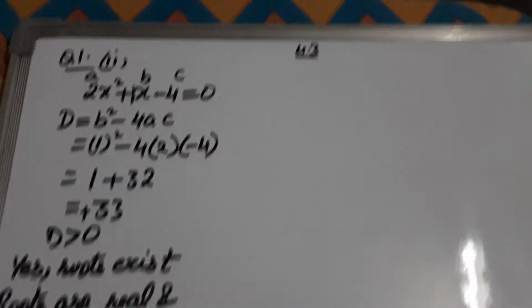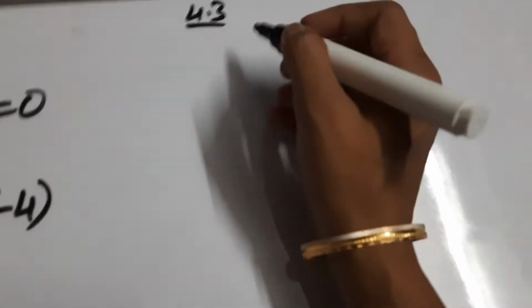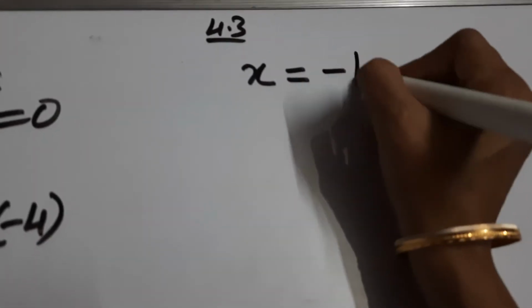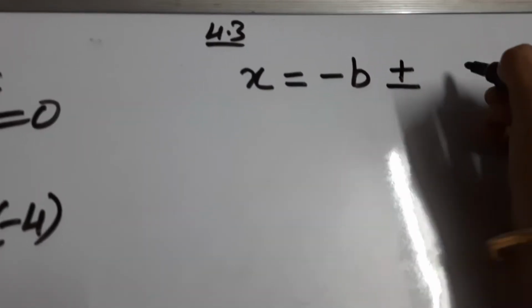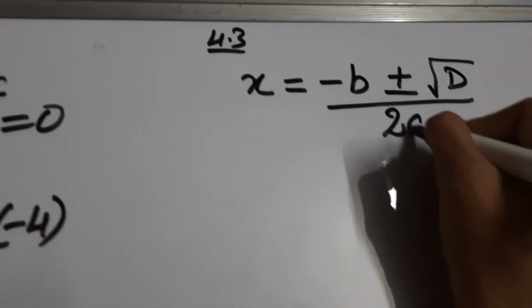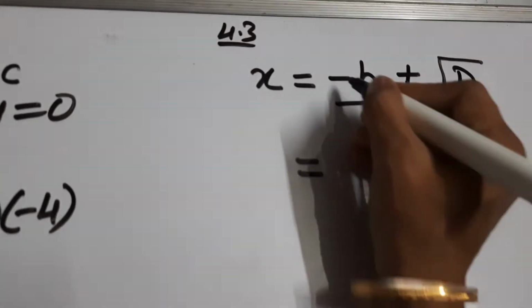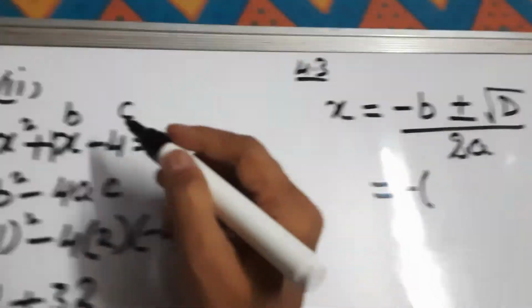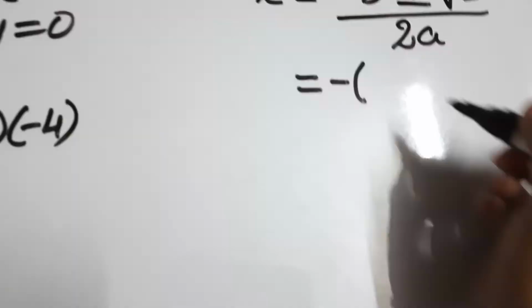So if they exist, now let us solve them by using quadratic formula. So what is the formula? Tell me the formula. Yes, x equals minus b plus minus under root D upon 2a. So minus from the formula, bracket b. What is b? It is plus 1.